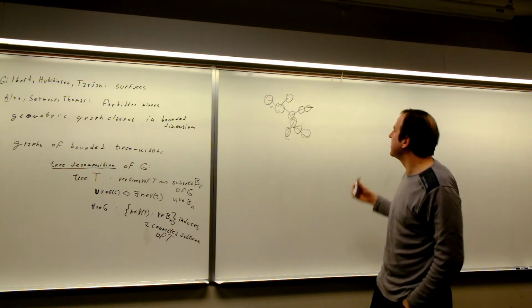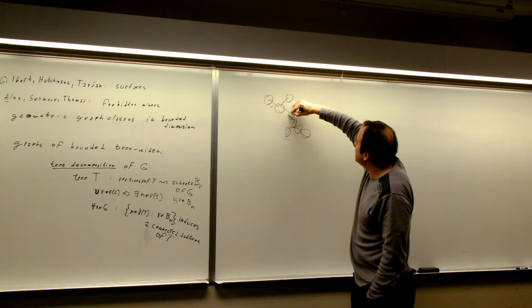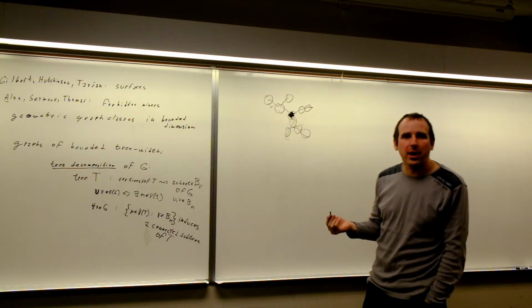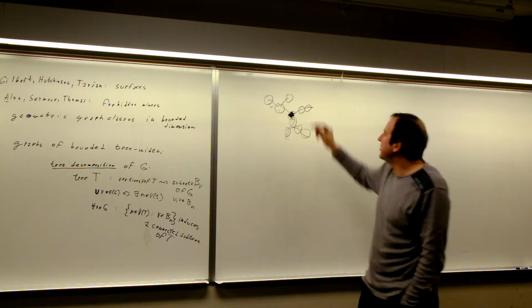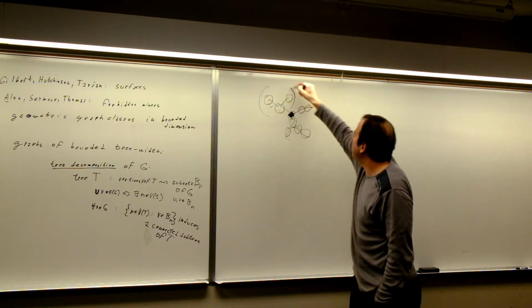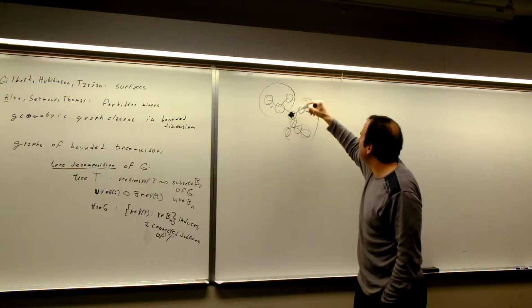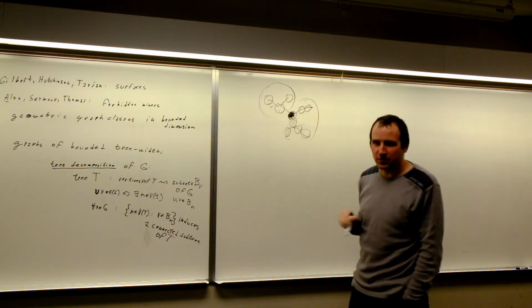And the important thing is that each of these bags forms a separator in your graph in the natural sense, in the sense that the vertices of your graph that live here are cut off from the vertices of your graph that live here by the vertices of the bag.